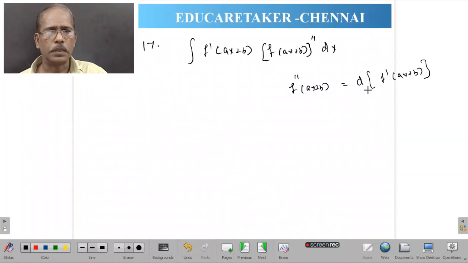Am I correct? So the differential of f dash of ax plus b is f double dash of ax plus b dx.